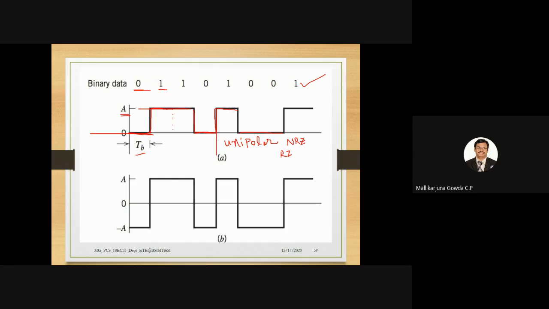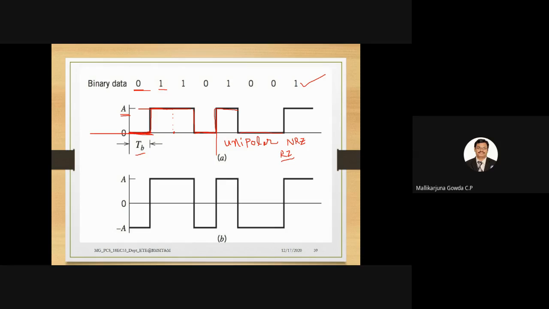Non-return to 0 means it occupies the entire bit duration. In case of unipolar return to 0, 0 will be represented by no pulse, as it is. So now it is 1.